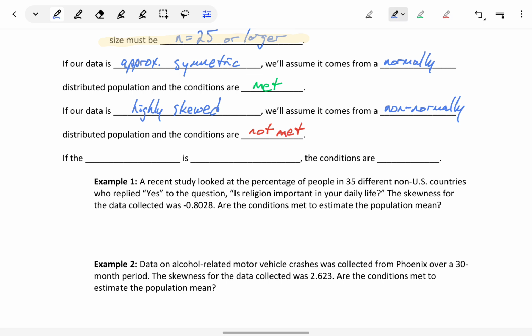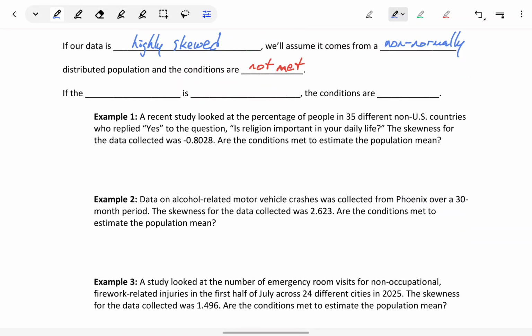We cannot construct a confidence interval for a mean. Then the other condition is that if the sample size n is 25 or more, the conditions are going to be met to be able to construct and use that estimate.